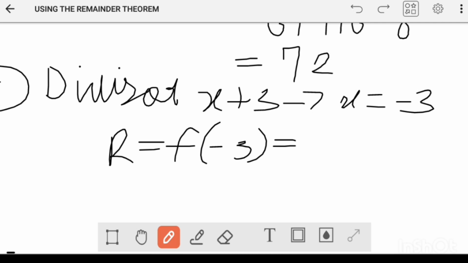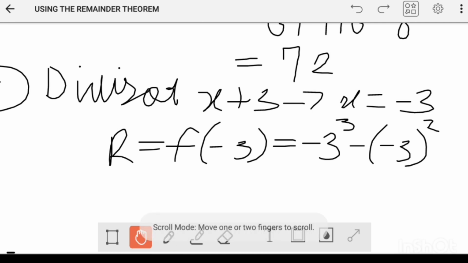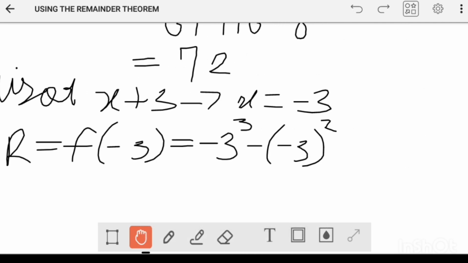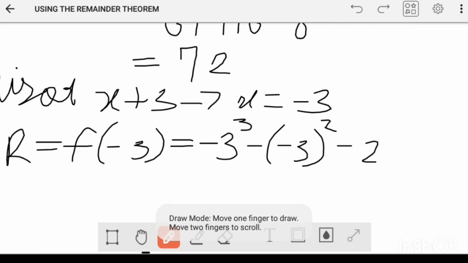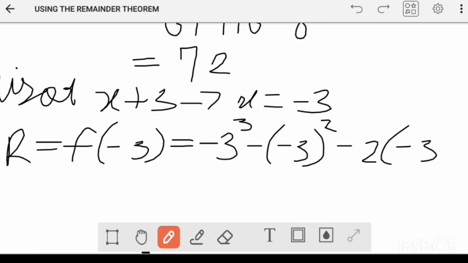So this now means that whenever we see x, we'll replace it with minus 3. So here we have minus 3 raised to power 3, minus 3 raised to power 2, then minus 2 multiplied by minus 3. From here, minus 3 raised to power 3 is minus 27.